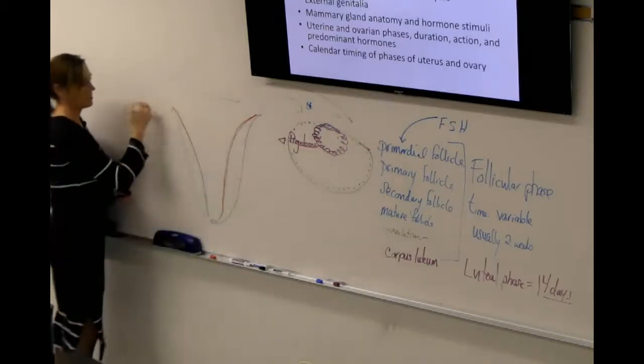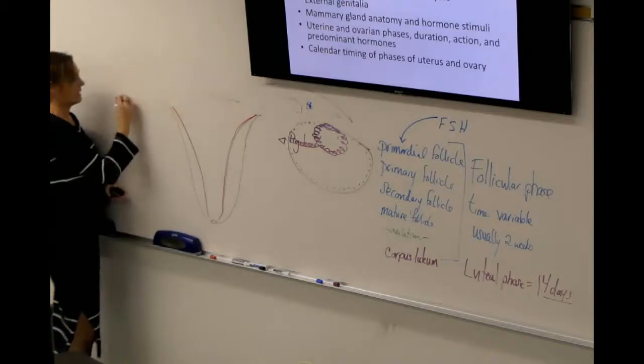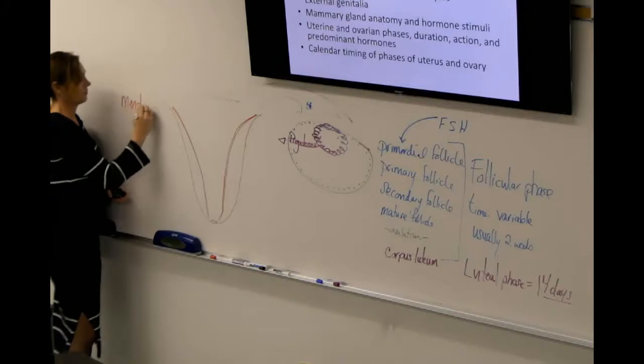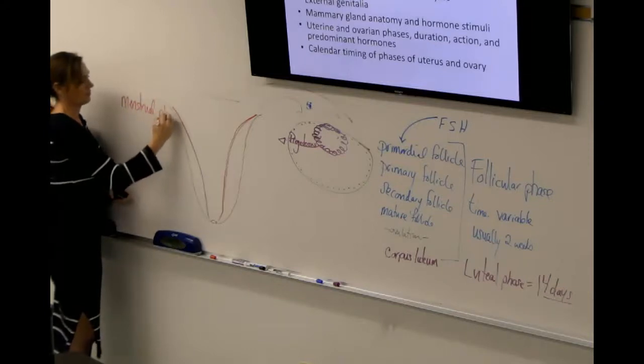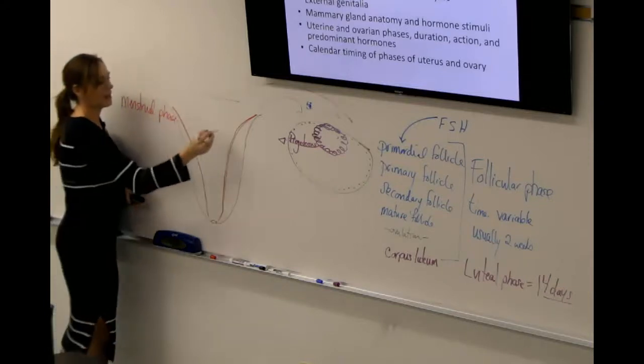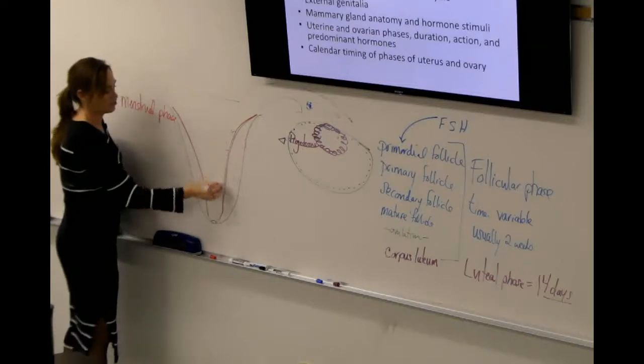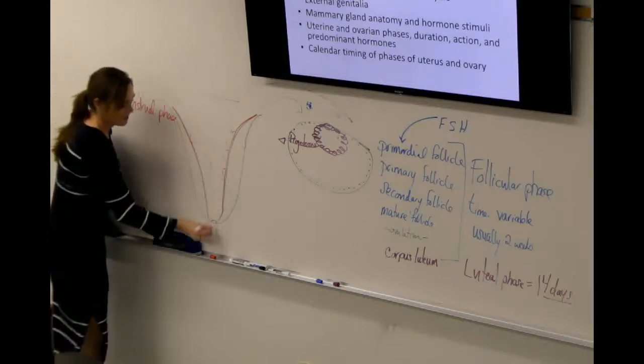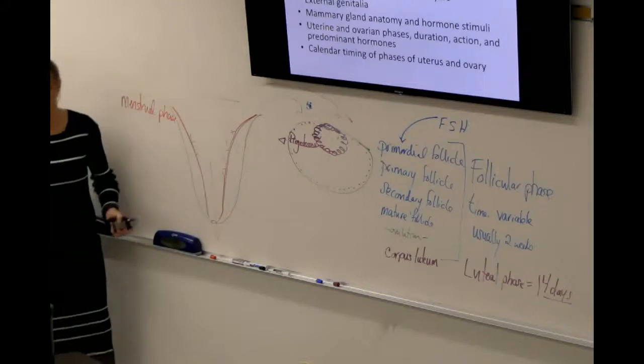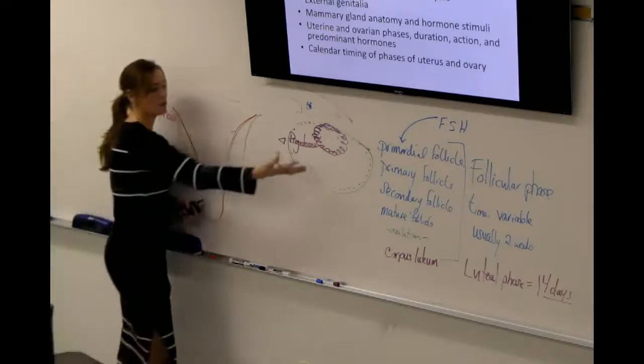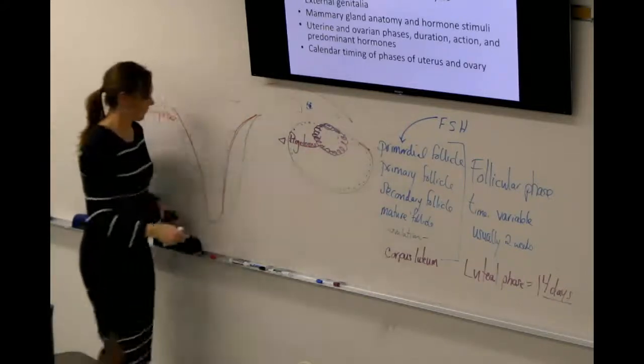We begin the uterine cycle in the menstrual phase. And that's where the lining is just breaking apart and exiting. It's going away while there's a whole new egg being made.